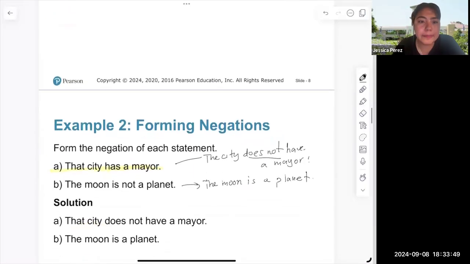So you're negating. The city does not have a mayor. That's the negation. The moon is a planet because since it was not a planet, now it is. You're negating the original statement.